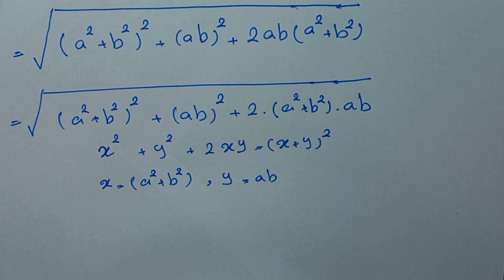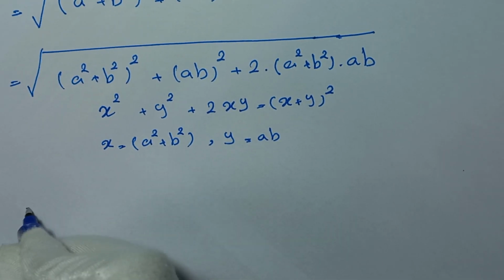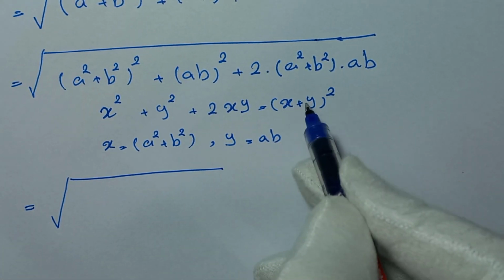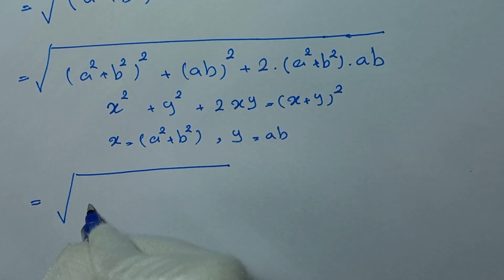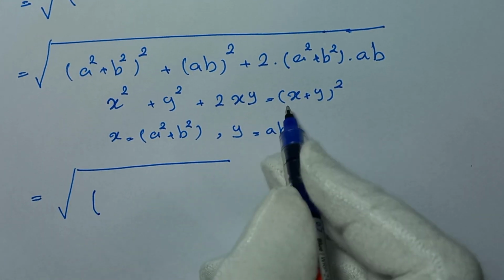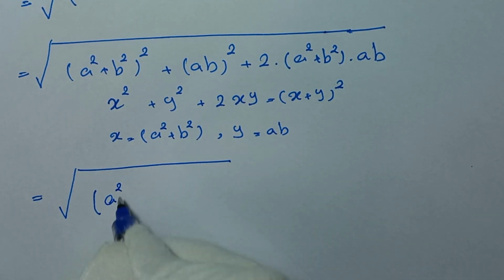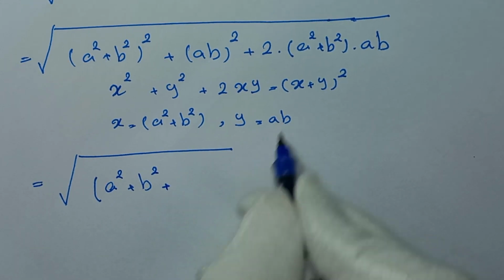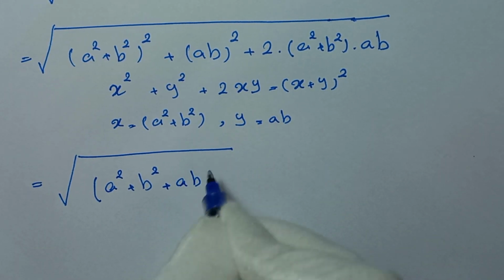So it will be the square root of, we can write in this form, (x plus y) to the power of 2, so it will be x is a square plus b square plus y is ab, to the power of 2.